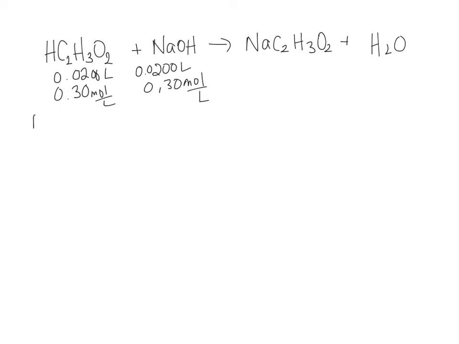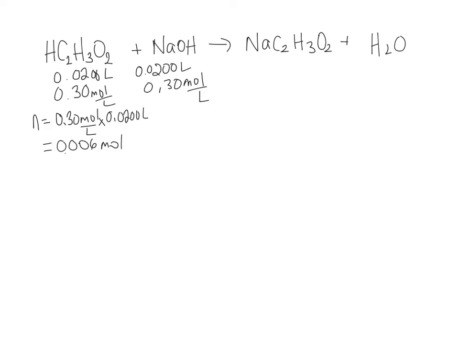So moles of acid is 20 milliliters times 30 moles per liter, but of course we convert 20 milliliters to liters. So we have 0.006 moles of acid, and they will use up 0.006 of base, moles of base.